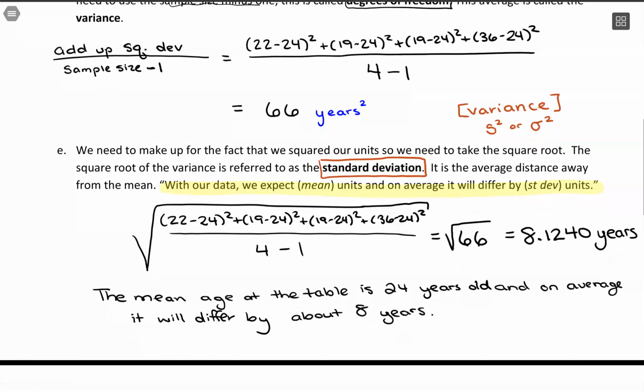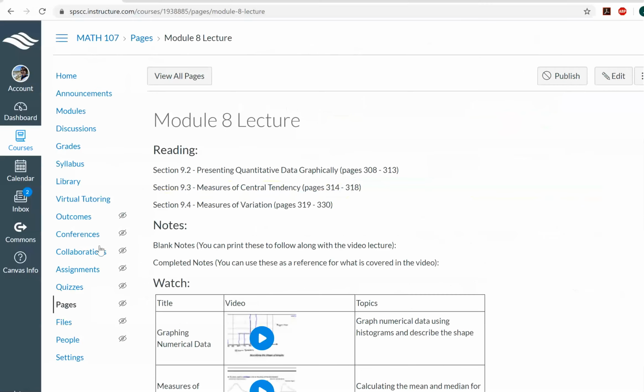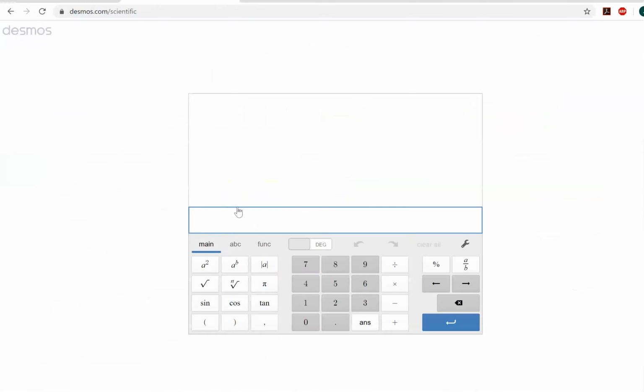Now, to show you how you would calculate this all together in a calculator, if we're in Desmos, we're going to start our square root, and then what you can do is separate your numerator and denominator, and then it's just a matter of typing everything in, lining it up with how you wrote it on your paper. So I'll just show you typed out, plus, and then 19 minus 24.